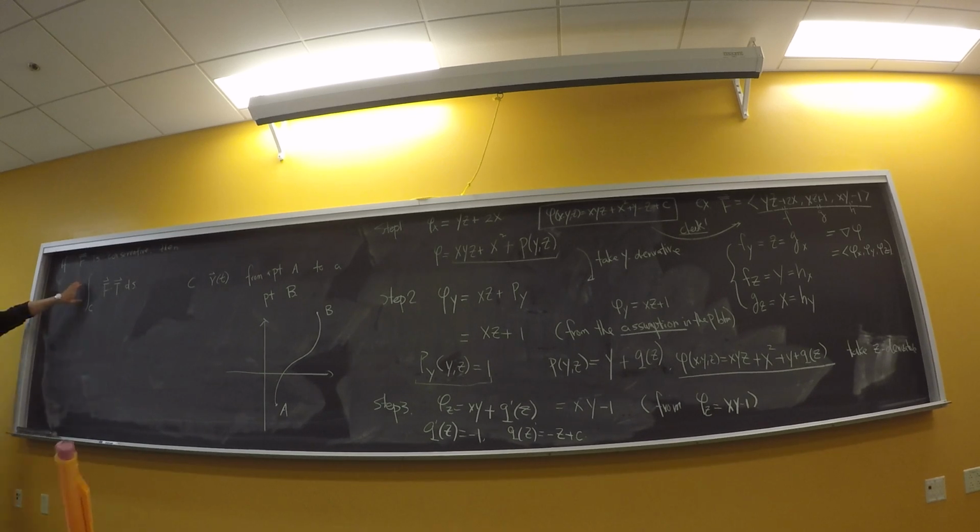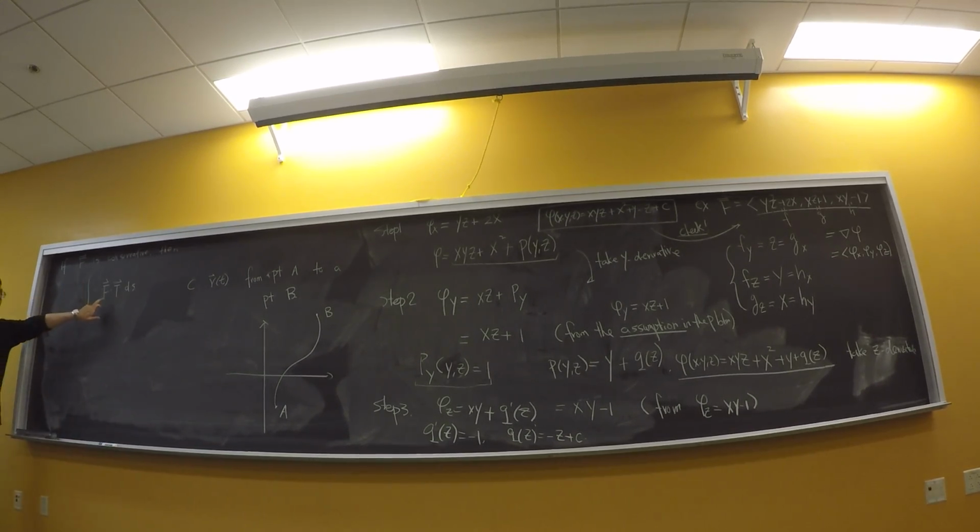So we learned about how to take the line integral here. In order to evaluate a line integral of a vector field with respect to a curve in R2, we have to find the parametric equation of this curve and then translate everything with respect to the parameter. Then we're taking a single variable integral with respect to that parameter. Do you still remember that? Right? So you still remember.